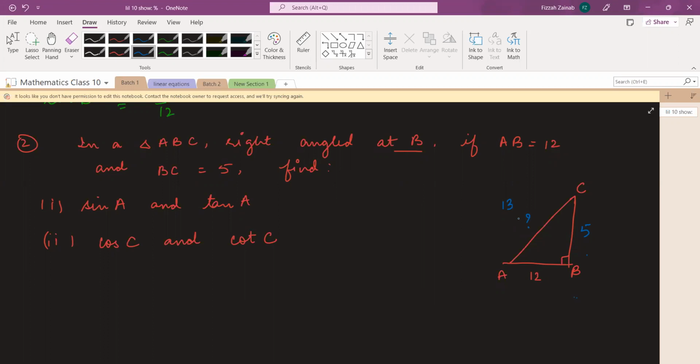See, if you are not able to solve, please ask me. Sine A, tan A, cos C, cot C. Yes, Subhana, how much is sine A? It is 5 by 13.